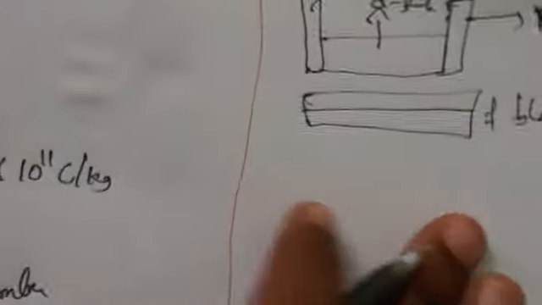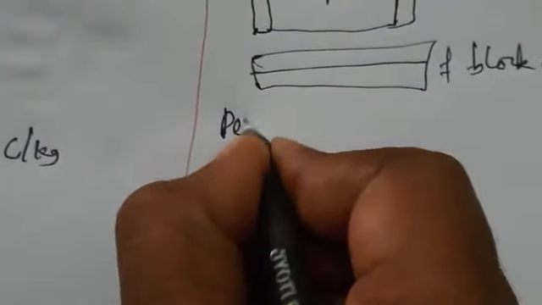So period is a horizontal row in the table, we call it a period.